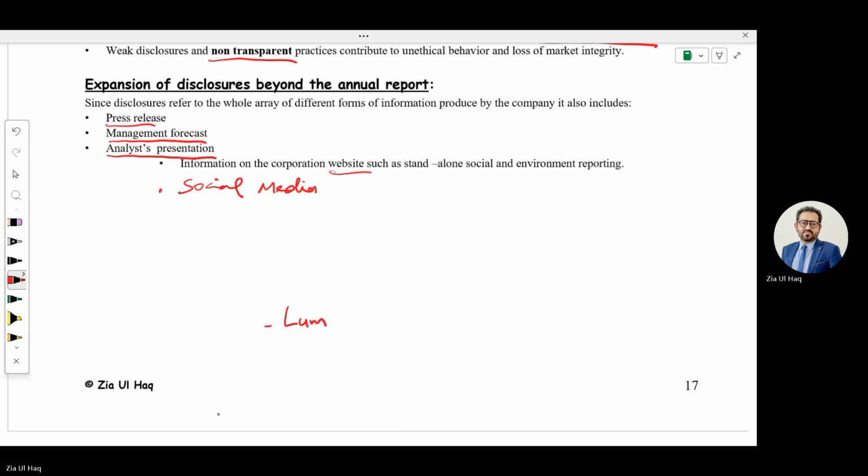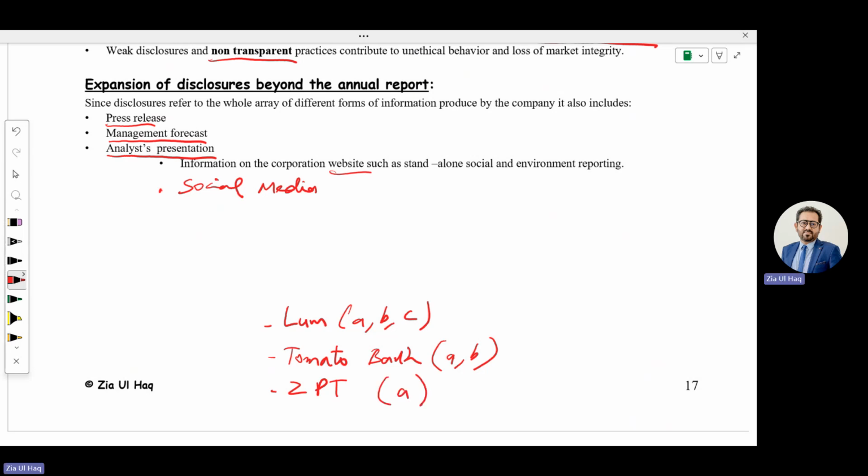Now, part A, B, C. We have covered Tomato Bank, part A, B complete. And we have covered CPT, part A only. So try to solve these 3 questions before moving to next class.